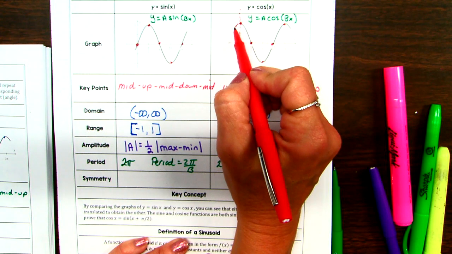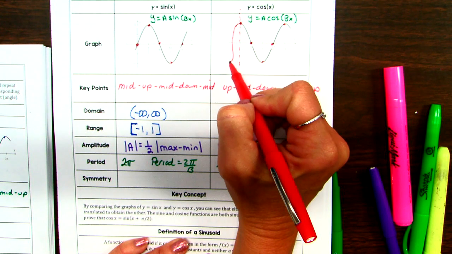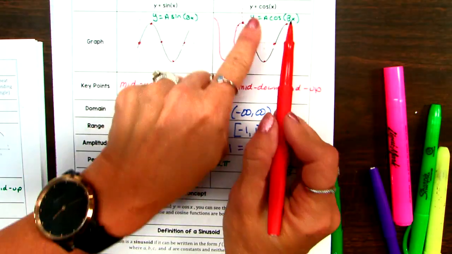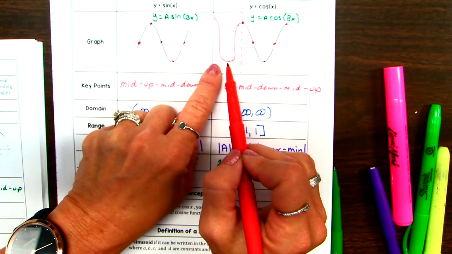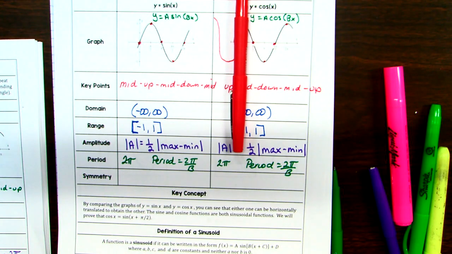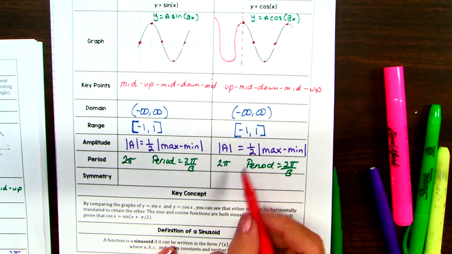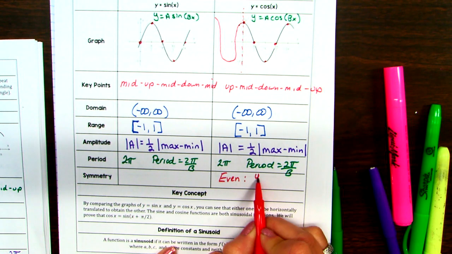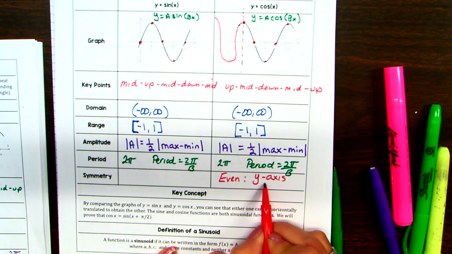If you pictured graphing another one, I'm going to do this poorly, and that keeps repeating. So if you folded your graph on the y-axis, all the points would match up perfectly, okay? So cosine has even symmetry, which is y-axis symmetry.